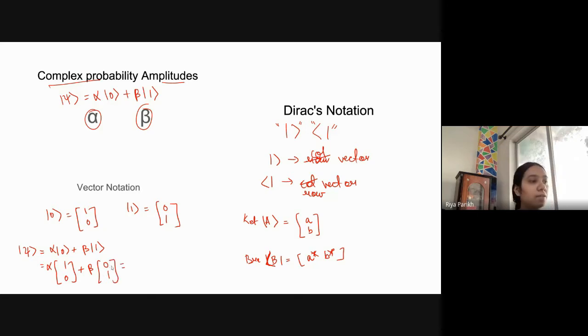And with simple matrix addition and scalar multiplication, we'll get alpha and beta as a vector. So understanding quantum computing through vectors and matrices is very easy. And we use it for making it more mathematically simplistic, because the state of a qubit can be easily understood in the vector space.